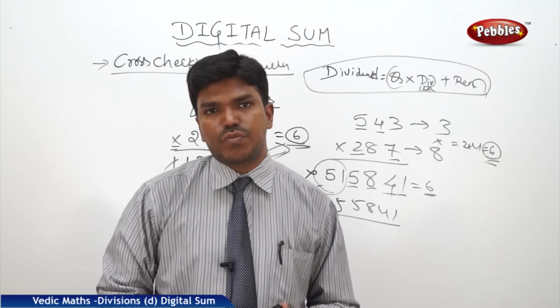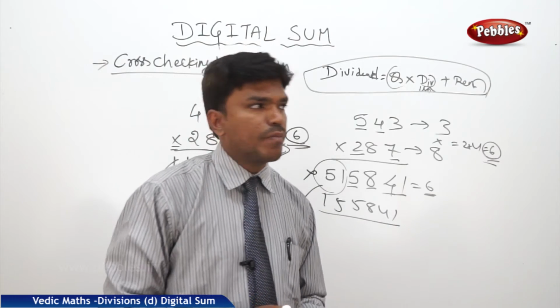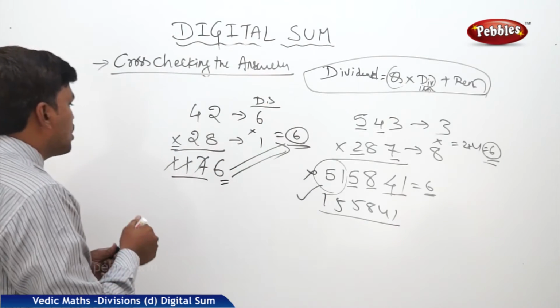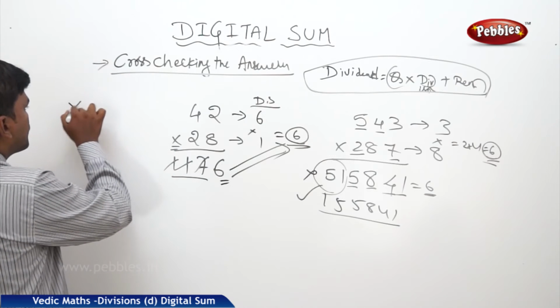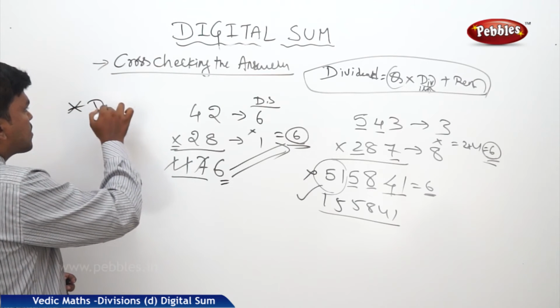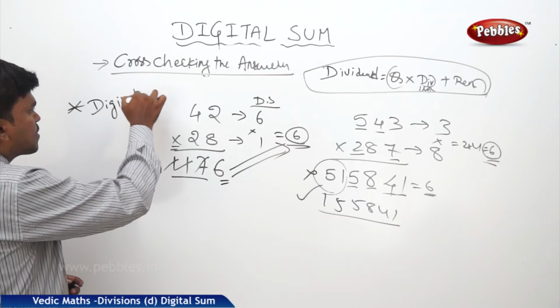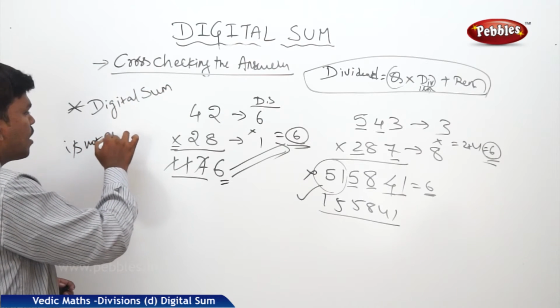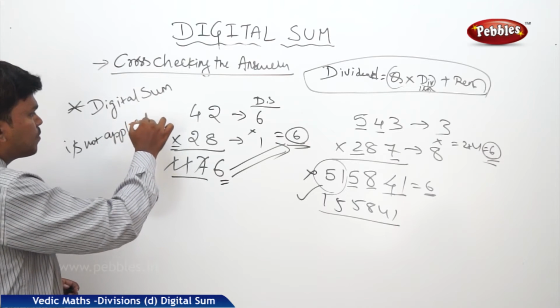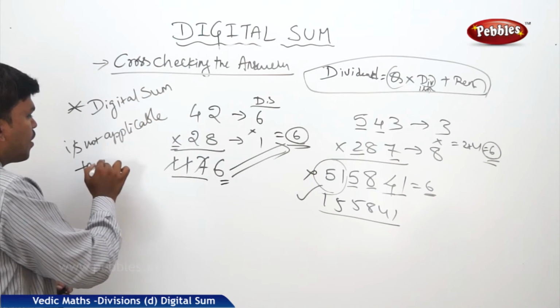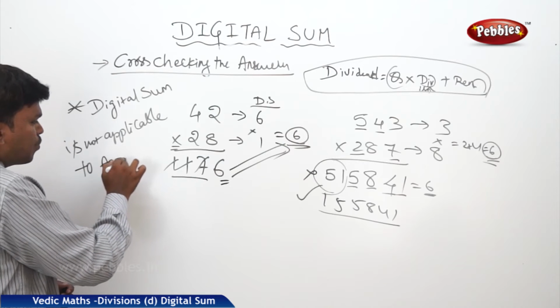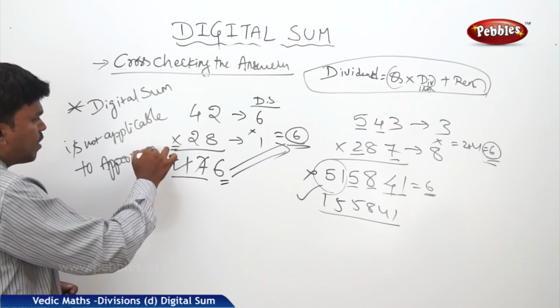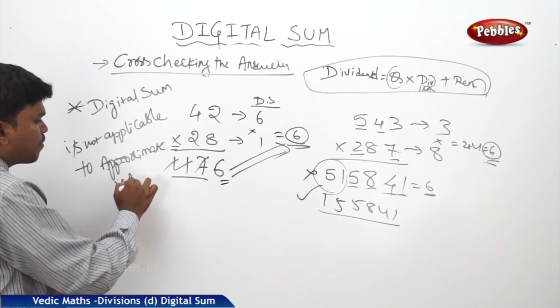But remember one important point I want to tell you. One important point: digital sum is not applicable to approximate values. Digital sum is not applicable to approximate values.